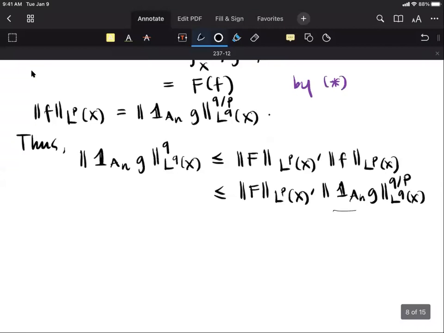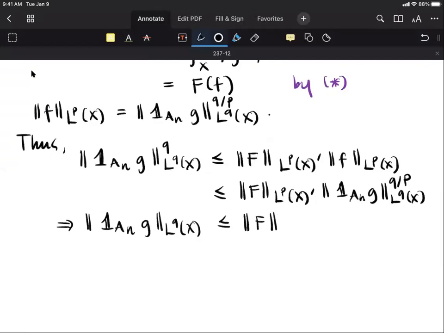So you divide both sides, and you end up with the following.